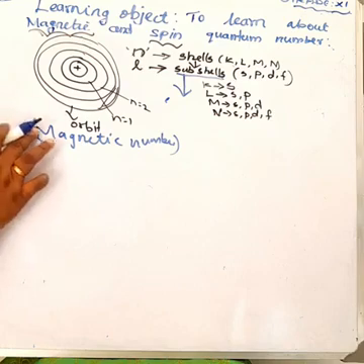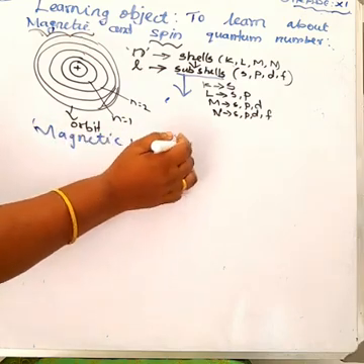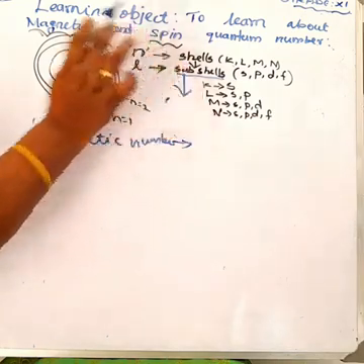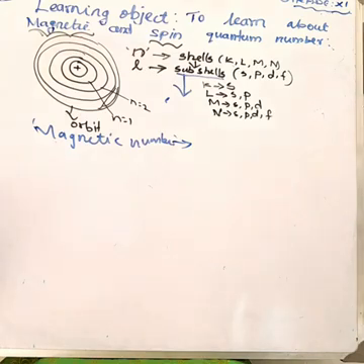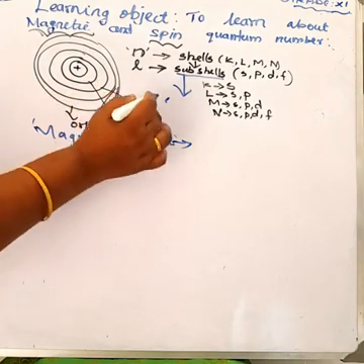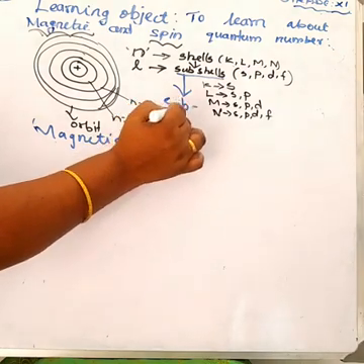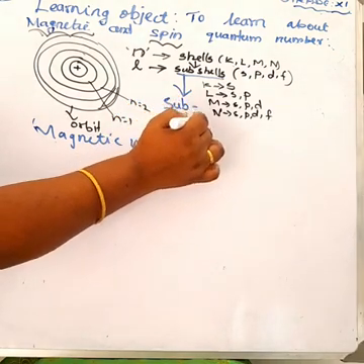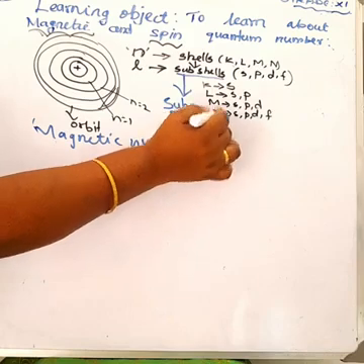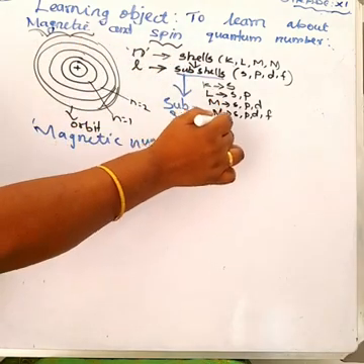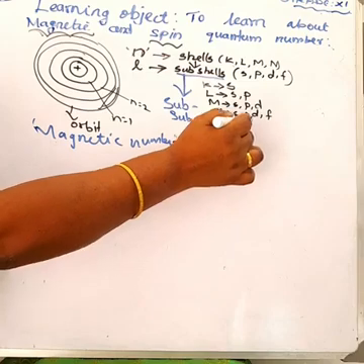So the shells are divided into subshells. These subshells are further divided into orbitals. Understood?